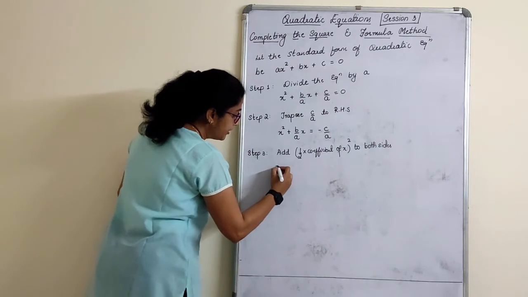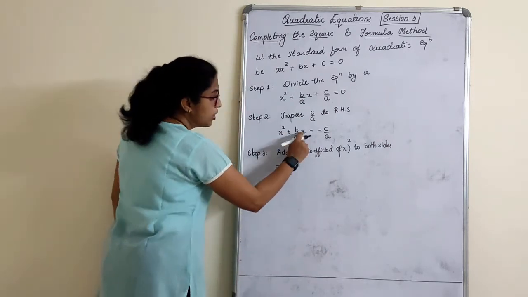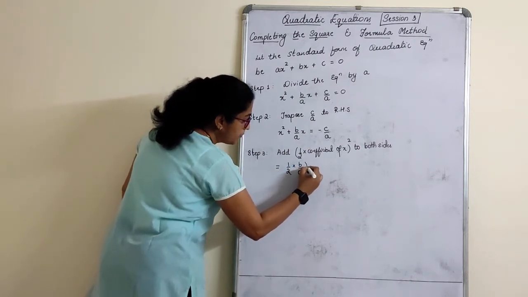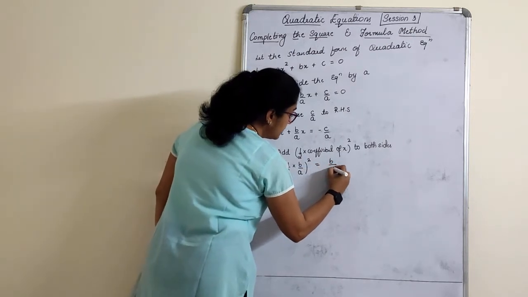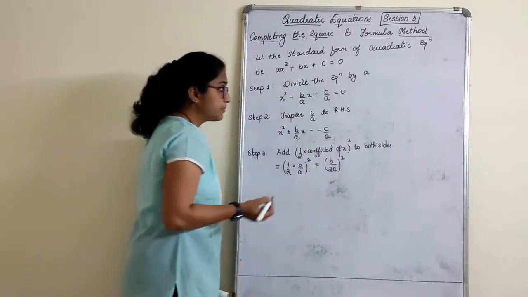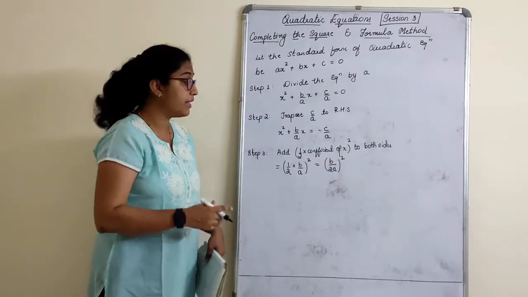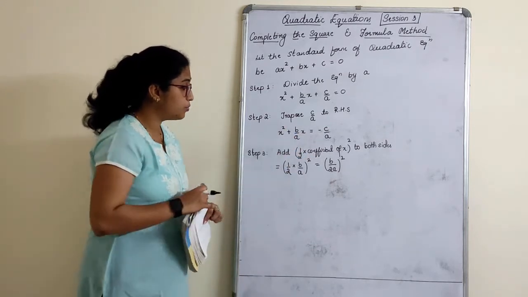What is half into the coefficient of x? The coefficient of x is b by a, so half of it is b upon 2a, and we take its whole square. I have to add b upon 2a whole square, which is half into the coefficient of x, to both sides.